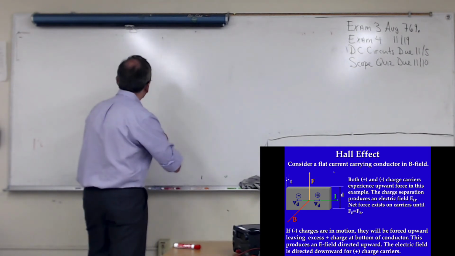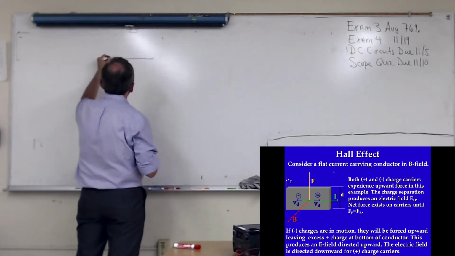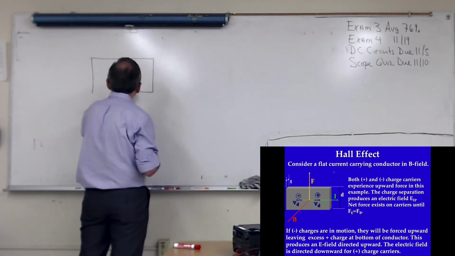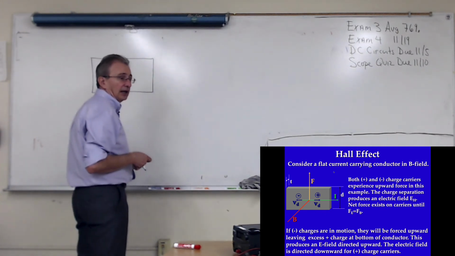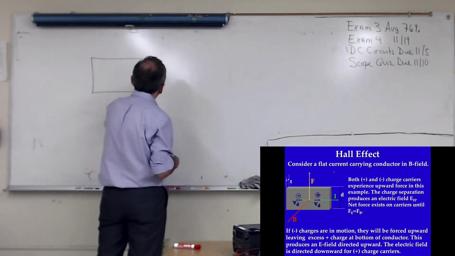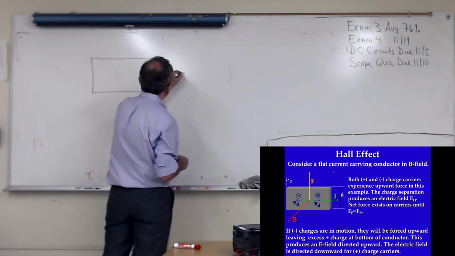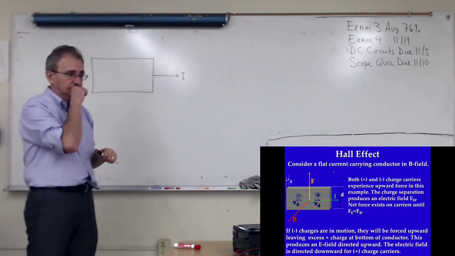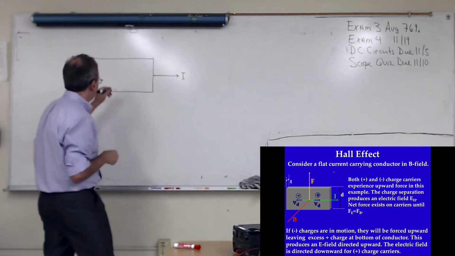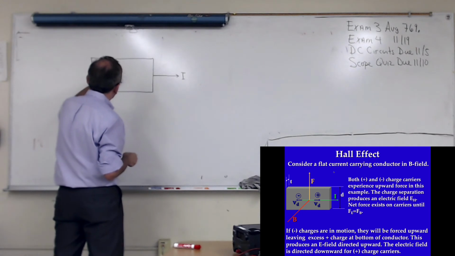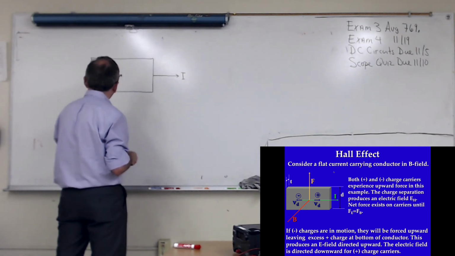So let's say I have a conductor, and the conductor is carrying current in this direction. And we have a magnetic field into the board.